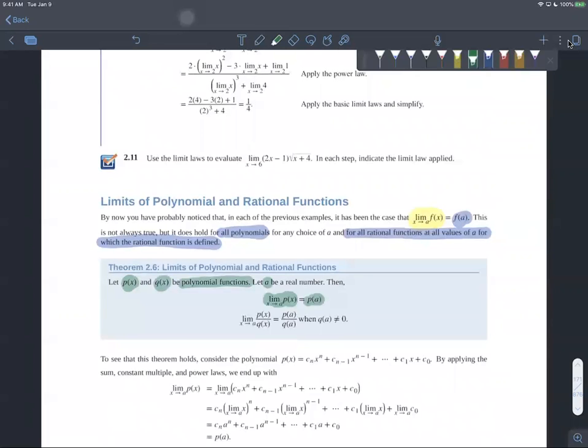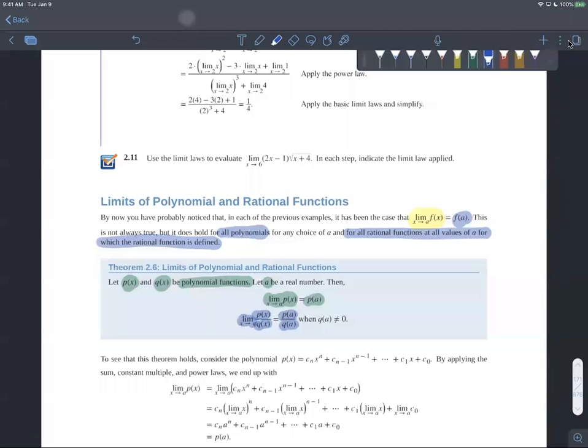You can just plug in a into your polynomial. The limit as x approaches a of your rational function p of x over q of x is p of a divided by q of a. You just evaluate both the top and the bottom at a. And of course, we need that q of a is non-zero, because otherwise the function p of x over q of x is undefined.